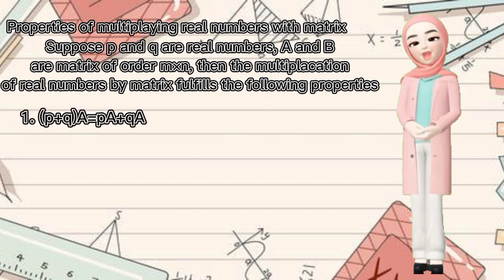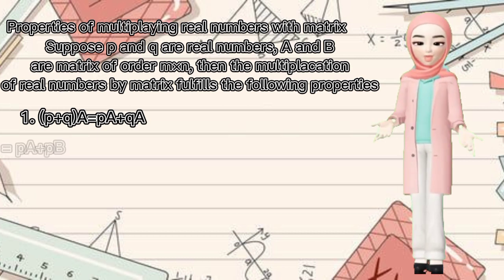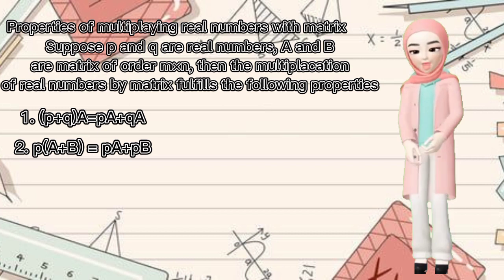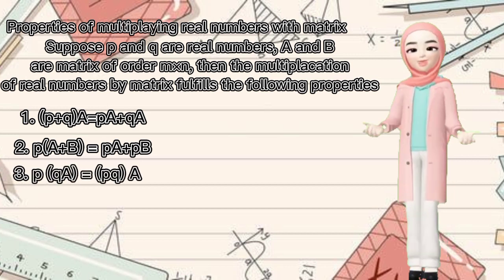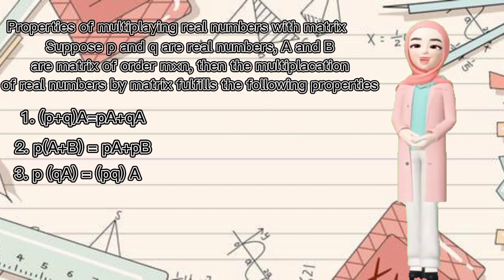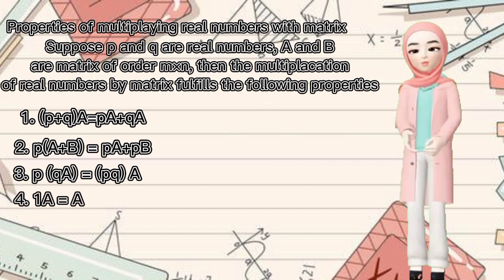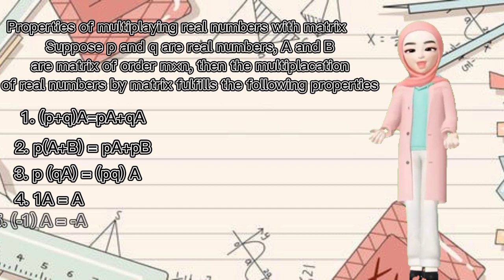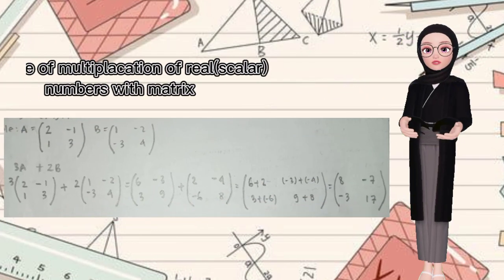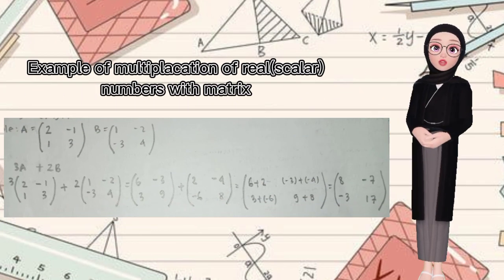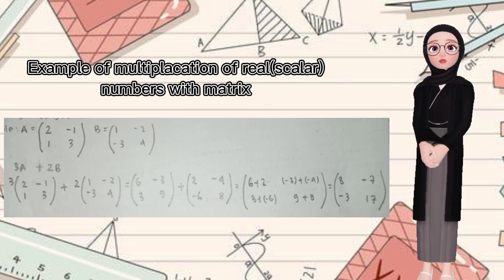In the brackets p plus q, times A equals pA plus qA. 2. p in the brackets A plus B equals pA plus pB. 3. p in the brackets qA equals in the brackets pq, times A. 4. 1 times A equals A. 5. Negative 1 times A equals negative A. Example of multiplication of real or scalar numbers with a matrix.